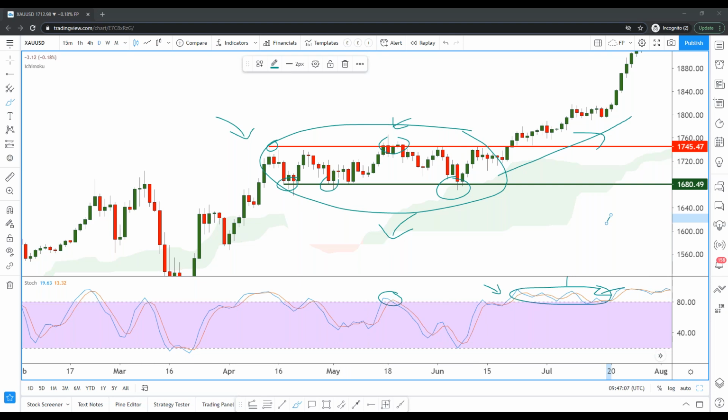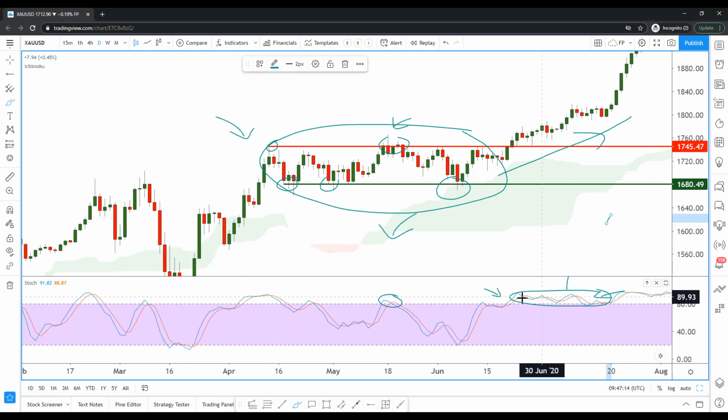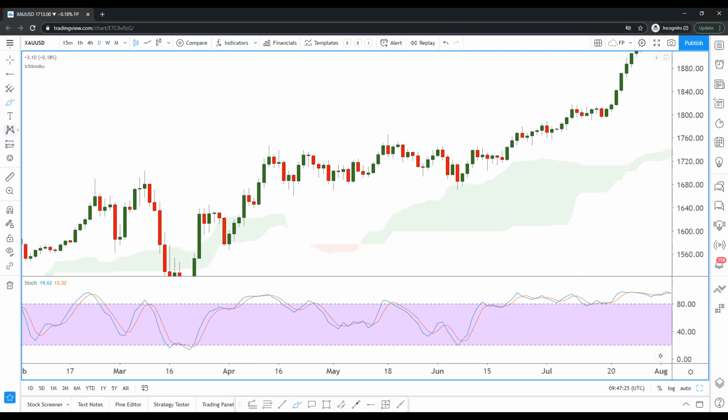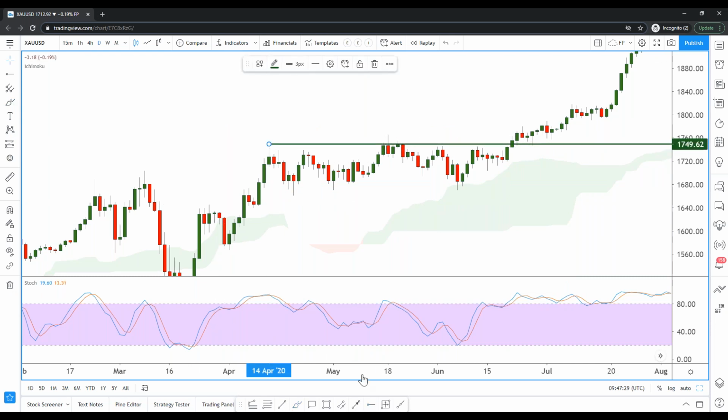Just now we talked about the limitations of stochastics and the dangers of stochastics. This is one of them, where it can give false signals. Again, no indicators are perfect. In this example, let me just clear this, so you can see this range, the support and resistance range.